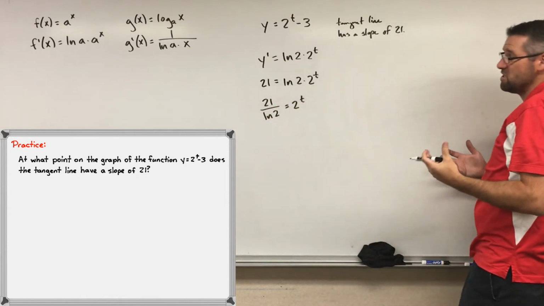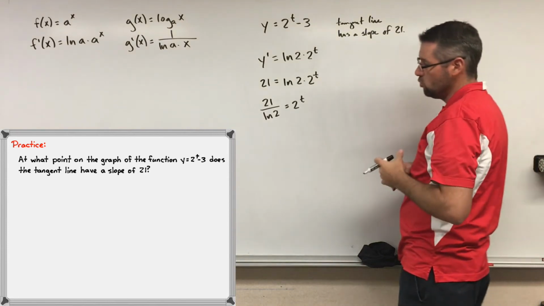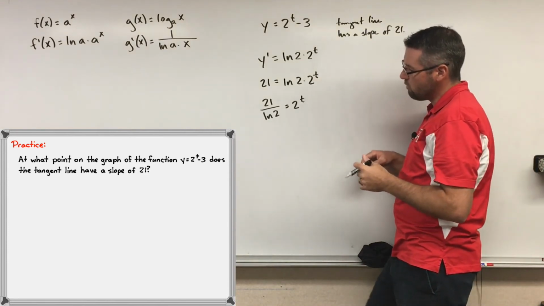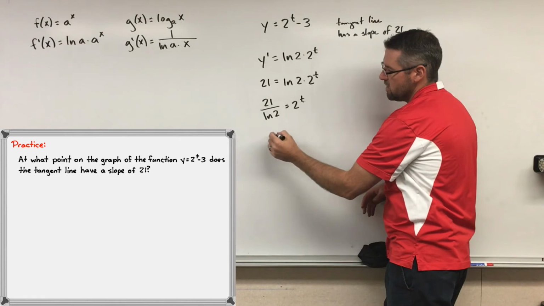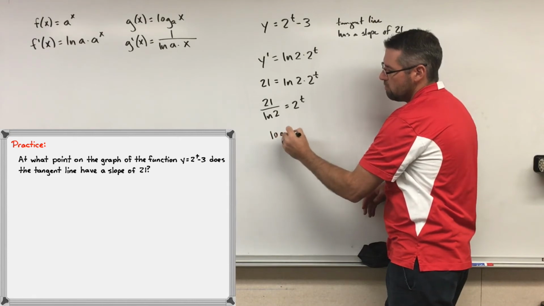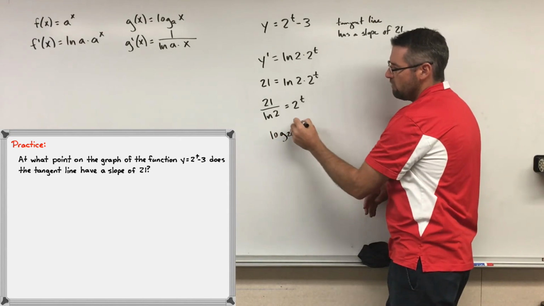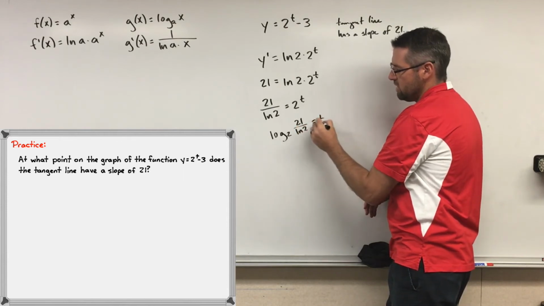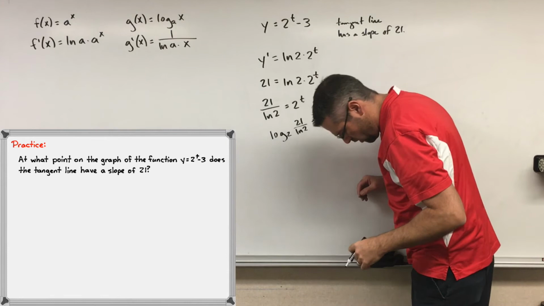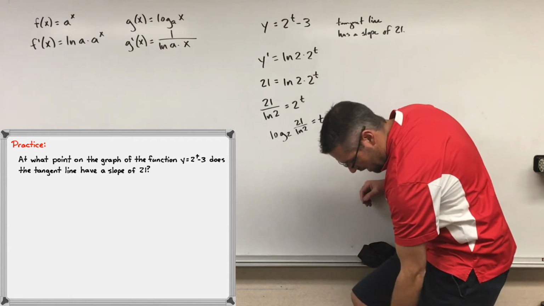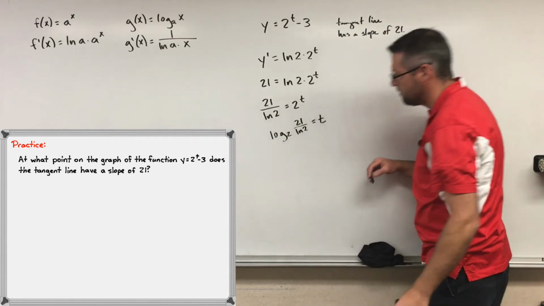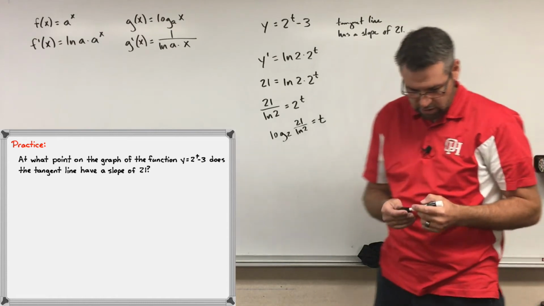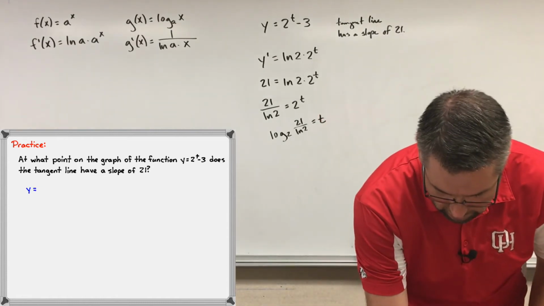And then how do we solve for t? Well, this is going back to rules of logarithms. We're going to have to rewrite this as a logarithm. So it'll be log base 2 of 21 over the natural log of 2 equals t. And then from there, we could type it into our calculator and get an answer out if we wanted to. I don't have my calculator present, so let's just see what I have here.